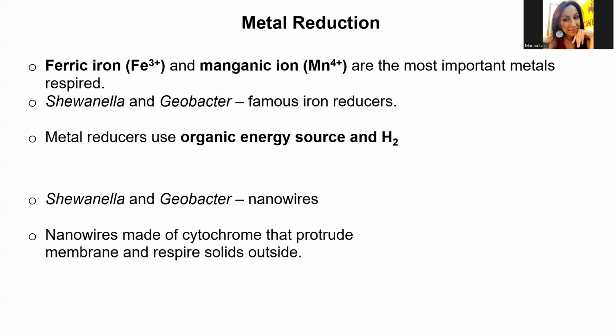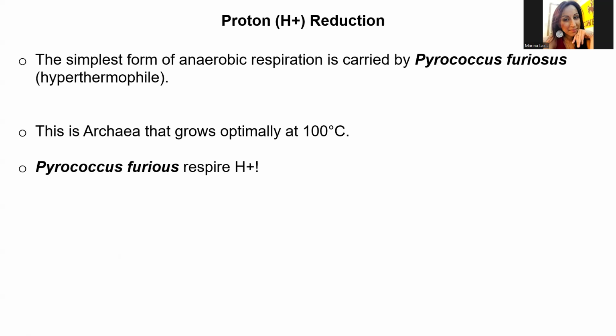They use hydrogen as an energy source, but they respire metals. Shewanella and Geobacter are known for the production of nanowires, which are literally structures made out of cytochrome that form a protrusion through the membrane, and then they attach to the solid surface, which is how they respire. Again, we will talk more about that in time.